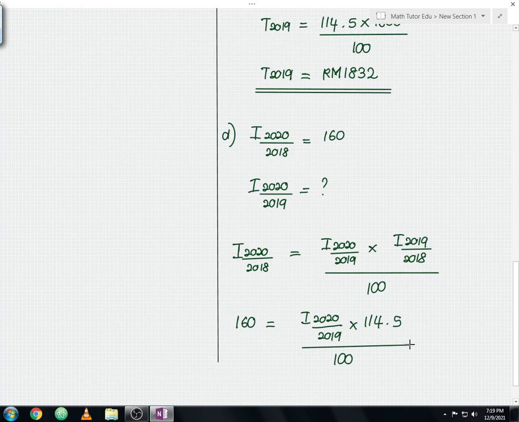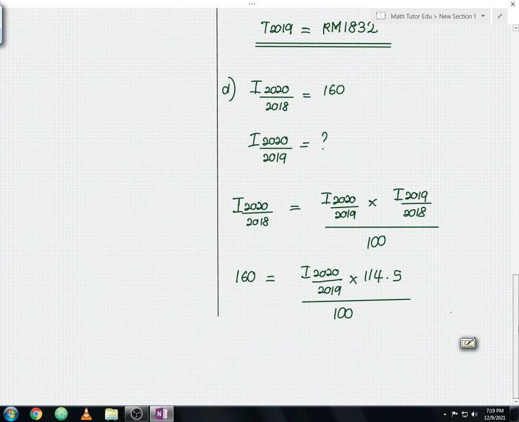So in order to find the price index of the year 2020 based on the year 2019, you do 160 times with 100 and you divide with 114.5. So let me write down the working here. The price index of the year 2020 based on the year 2019 will be equals to 160 times with 100 and you divide with 114.5. Let me underline the fraction line.